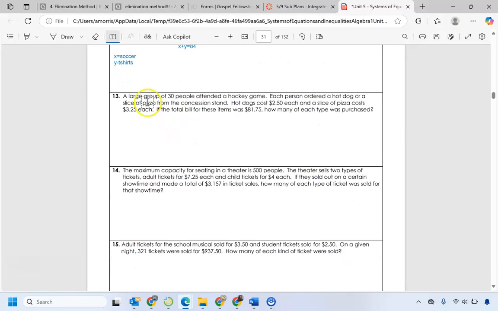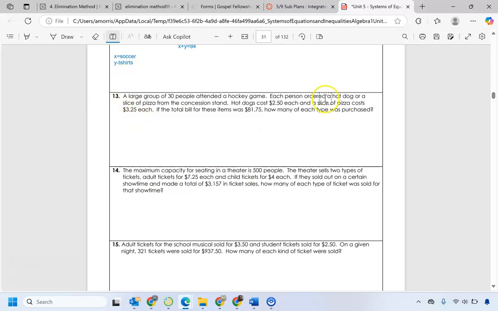Number 13, a large group of 30 people attended a hockey game. Each person ordered a hot dog or a slice of pizza from the concession stand. The cost of the hot dogs was $2.50 each. Pizza was $3.25. If the total bill was $81.75, how do we solve that, okay? So think about it.